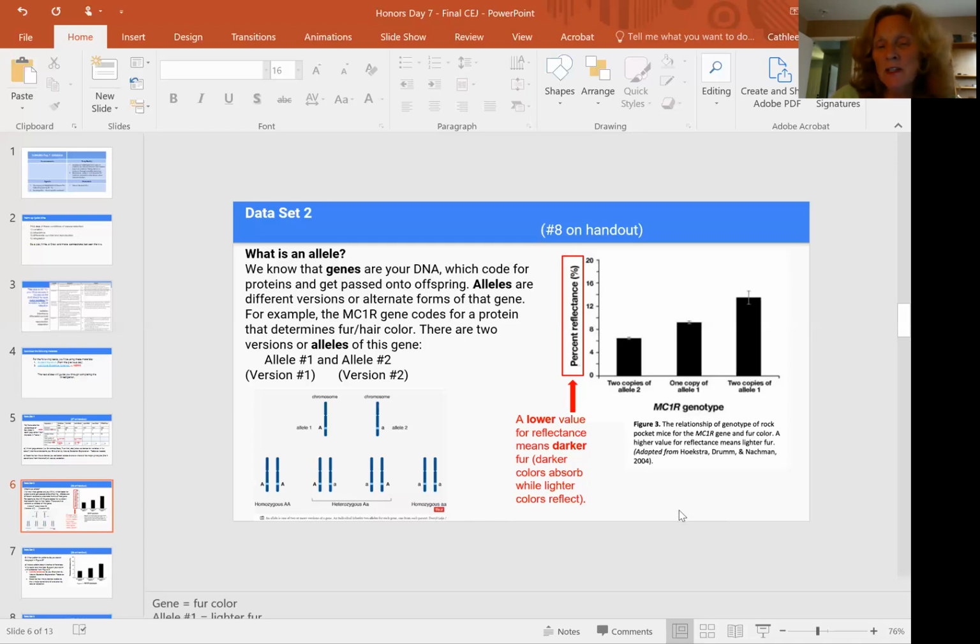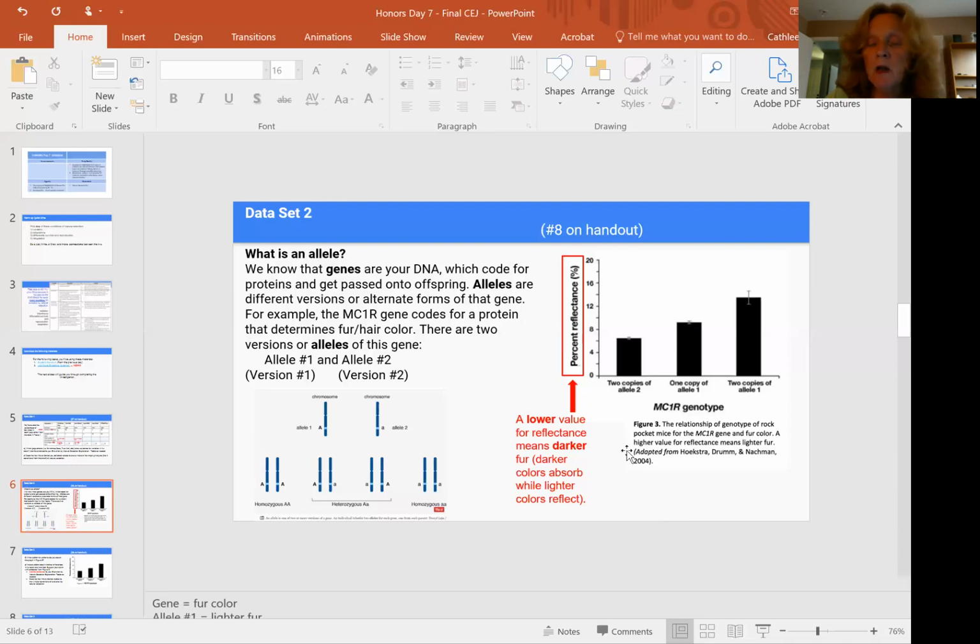If we look at figure 3, it shows the relationship of the genotype of rock pocket mice for the MC1R gene and fur color. A higher value for reflectance means lighter fur, okay? This is the percentage of reflectance, the amount of reflectivity.